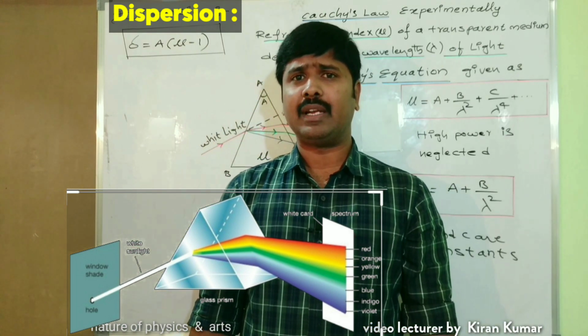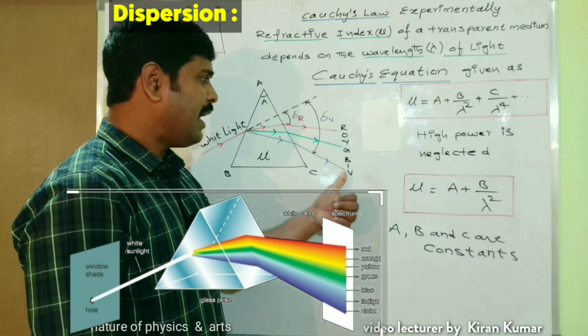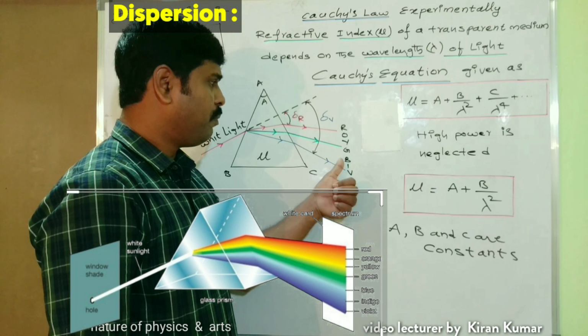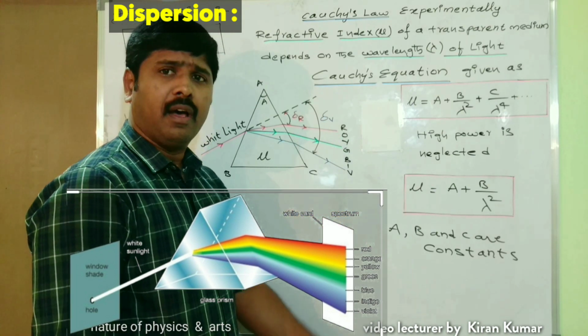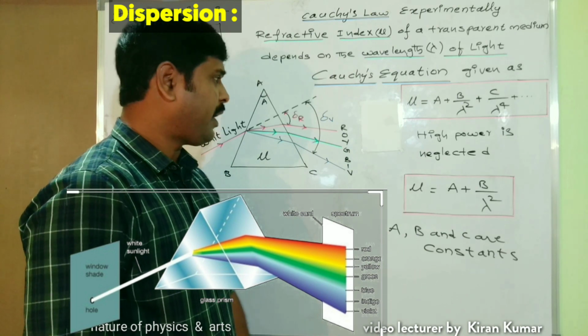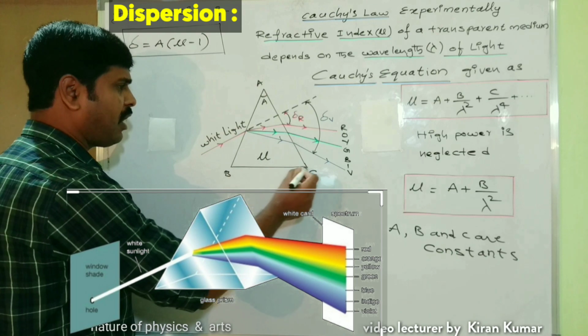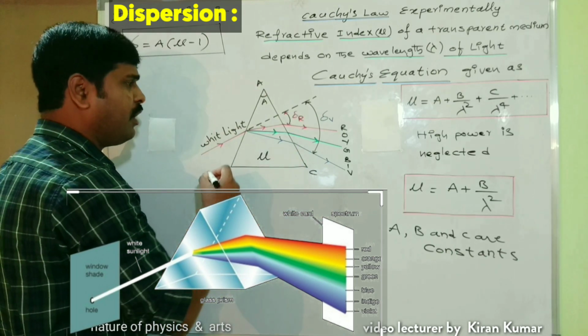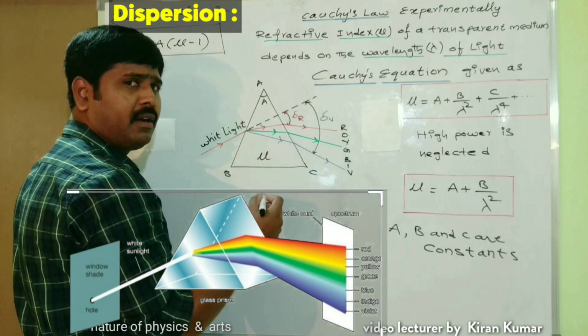The constituent colors are VIBGYOR: violet, indigo, blue, green, yellow, orange and red. So this is the white light which is incident on a prism, and it splits into VIBGYOR.